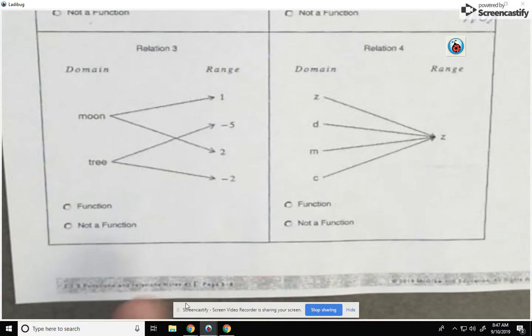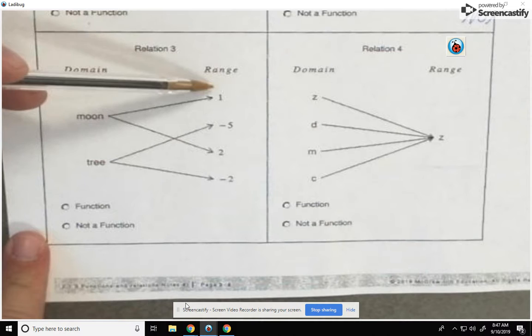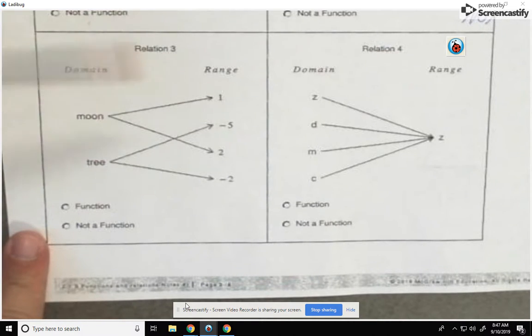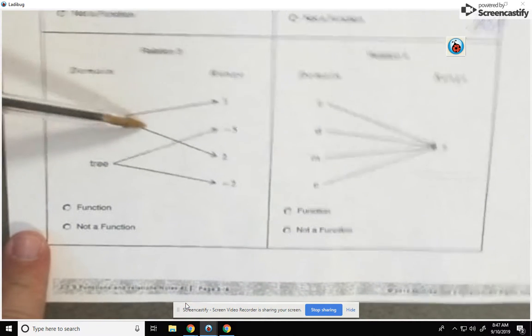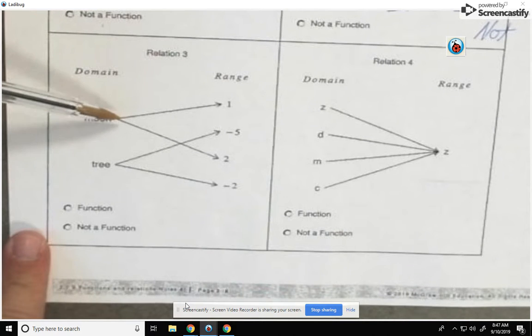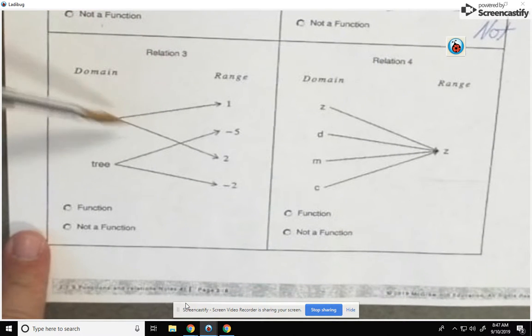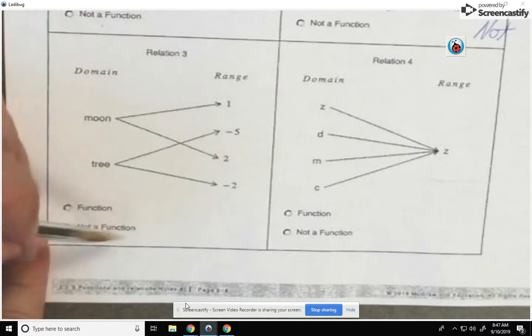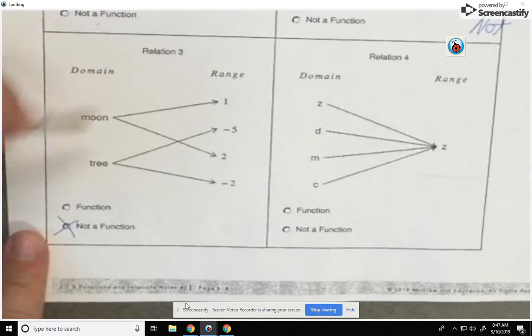Okay, in the next example, they're showing you a chart with your domains on the left, your ranges on the right. Okay, so again, your domain can only go to one range. So the easiest way to do this is look at your arrows. If your domain has more than one arrow coming off it, as this one does here, then it is not a function.